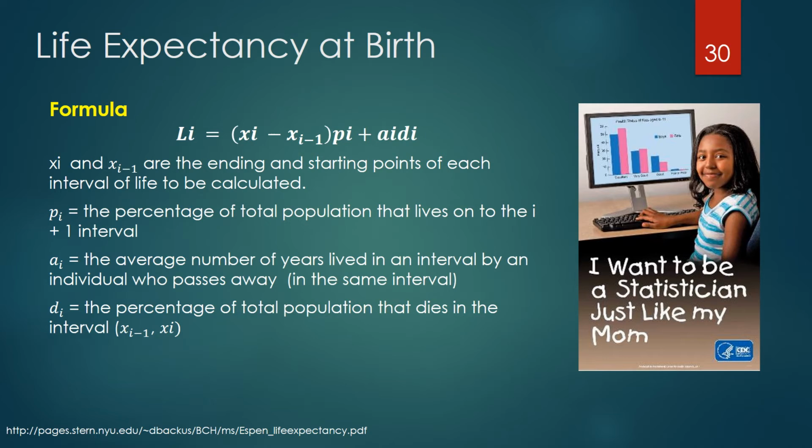Pi equals the percentage of total population that lives on to the i plus 1 interval. Ai equals the average number of years lived in an interval by an individual who passes away in the same interval, and Di equals the percentage of total population that dies in the interval Xi minus 1 to Xi.